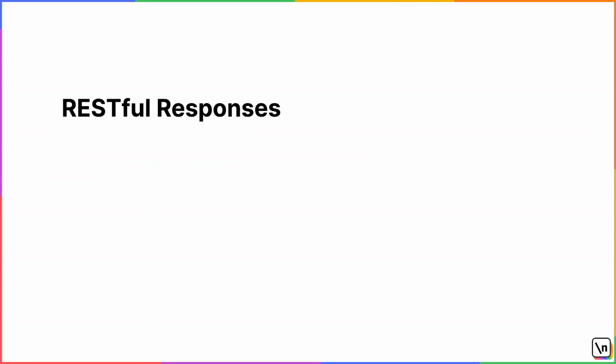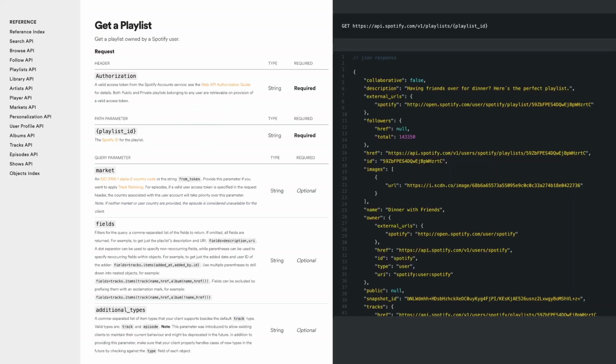So now that we've covered RESTful requests, let's talk a little bit about RESTful responses. So like we mentioned before, REST API responses usually return resources in the form of JSON. Like we saw before, this is the getAPlaylist API endpoint on the Spotify API. And the JSON that this endpoint returns has a bunch of data that is really interesting that we can use on the front end.